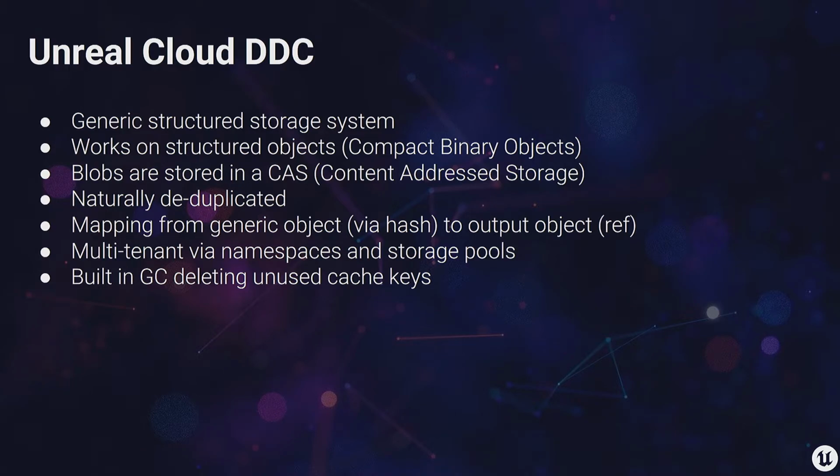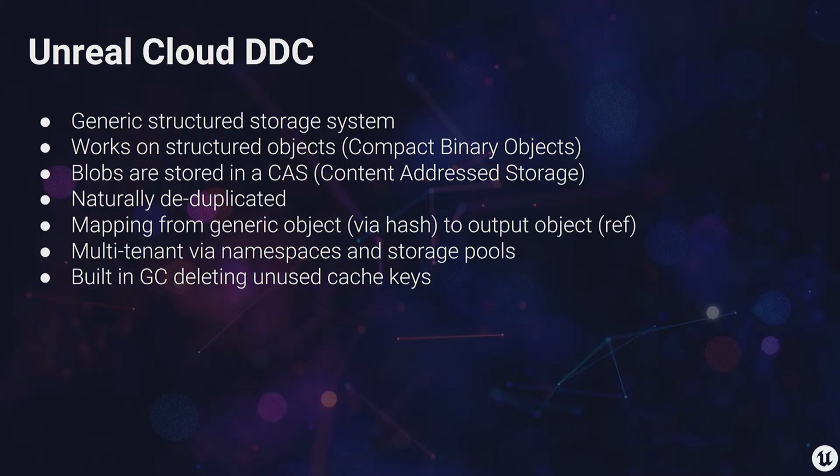We also have something which we call namespaces, which essentially allows you to do multi-tenancy. So you can set up Unreal Cloud DDC once for your entire studio and have multiple projects in it. The namespace lets you control access, so different users have access to different parts. And then we have a feature called storage pools that lets you configure how the deduplication storage works in relation to the namespaces.